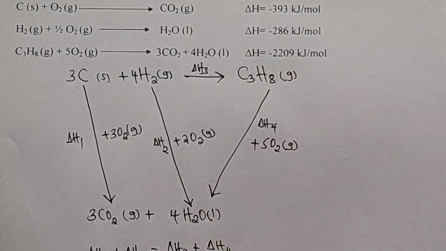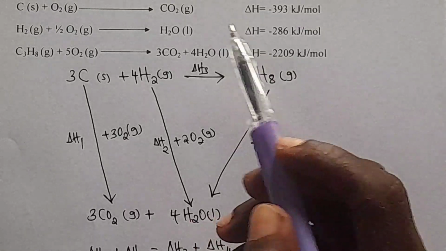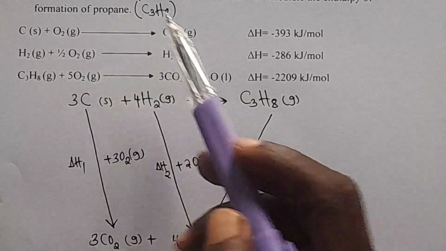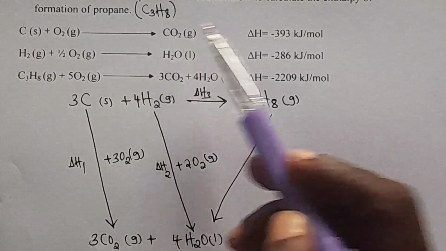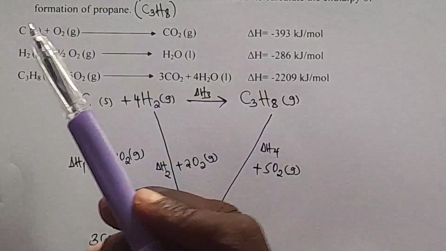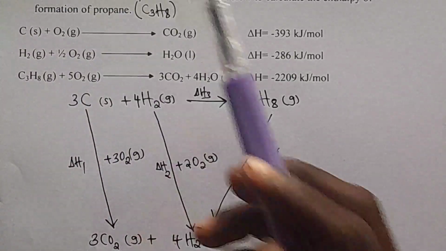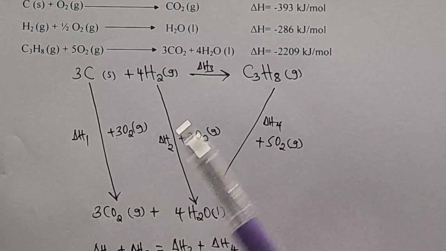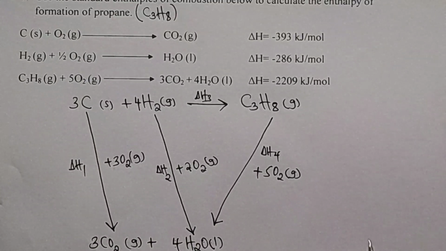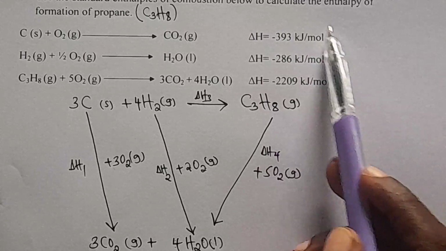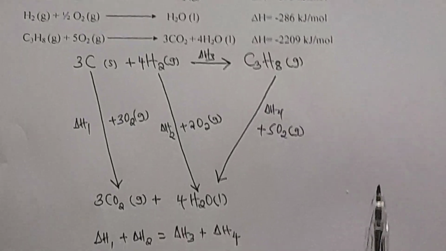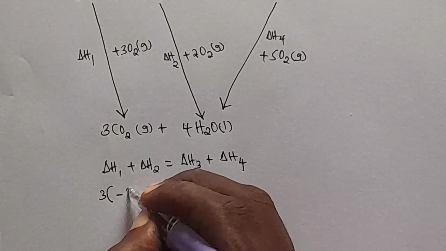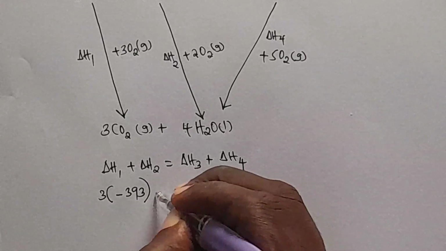Here we have negative 393. But check, initially, what we have here is the standard enthalpy of formation of carbon dioxide, which is 1 mole of carbon dioxide formed from its constituent elements. So if you check the energy cycle, we have 3, 3, and 3. That means we are going to multiply the standard enthalpy of combustion of carbon by 3. Here enthalpy change 1 will be 3 in bracket negative 393 kilojoules per mole, plus.